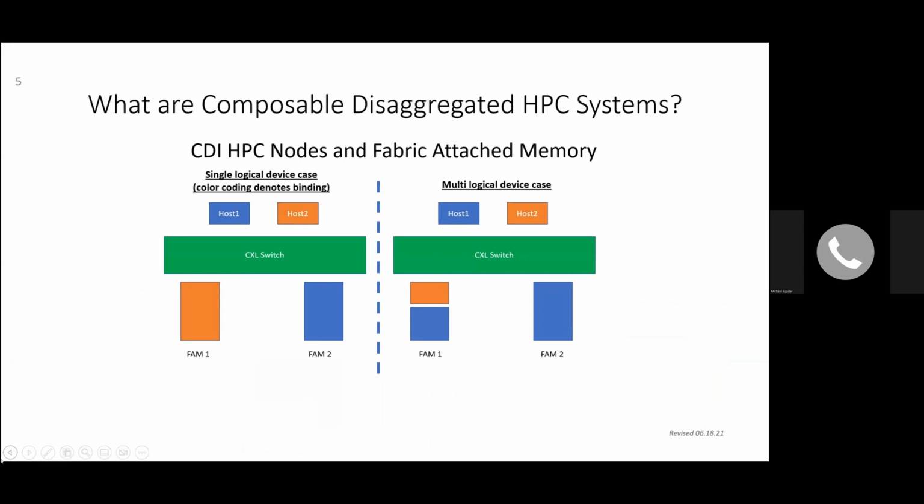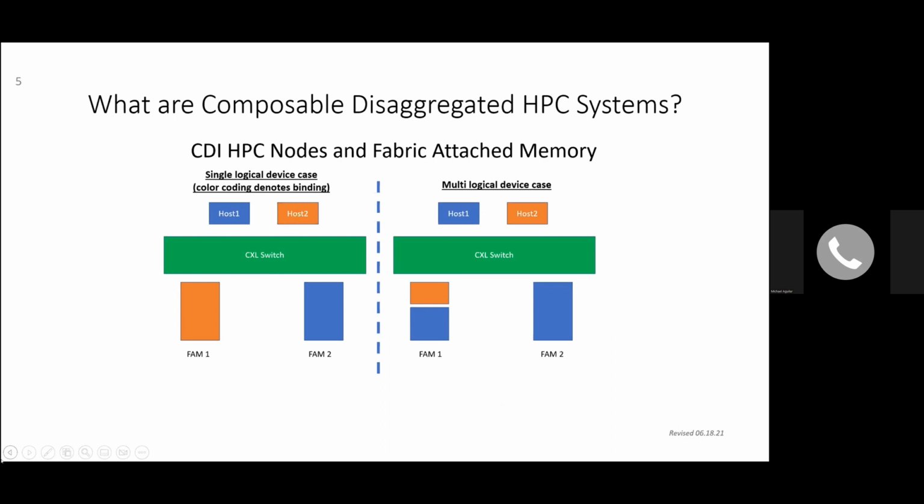Okay, so next slide, slide 5. This is an example of what I'm talking about, composable systems. This is a set of CXL switches. On the left, we have host 2, and if you look closely, you'll see host 2 is connected to fabric attached memory number 1 through a CXL switch. Host 1 is attached to fabric attached memory number 2.